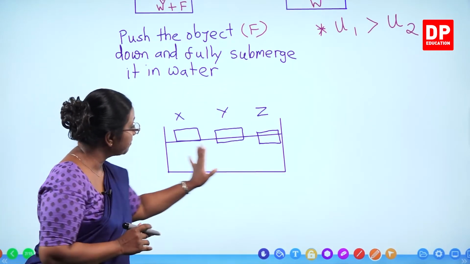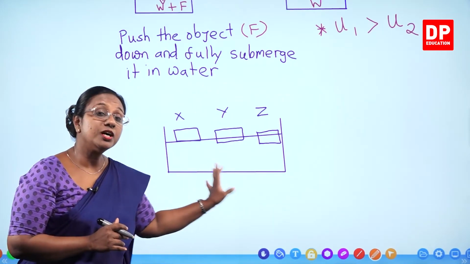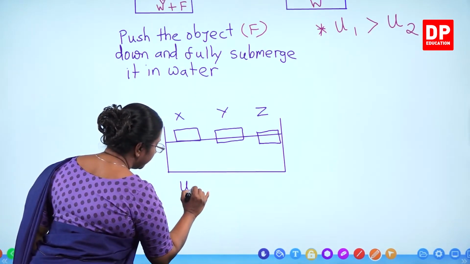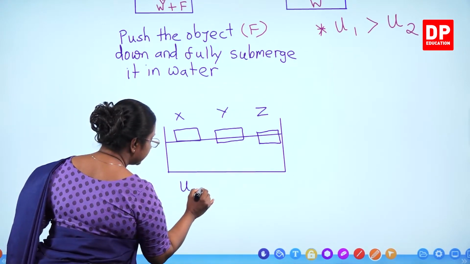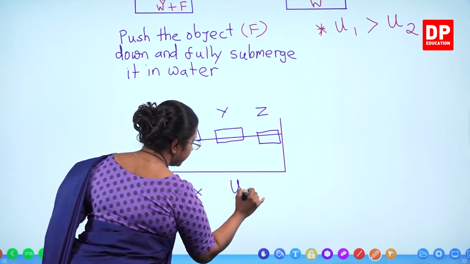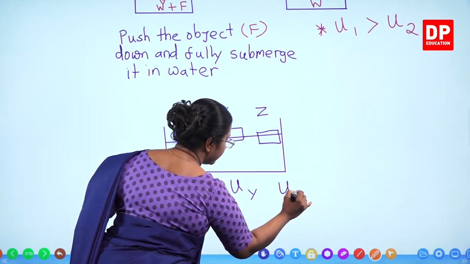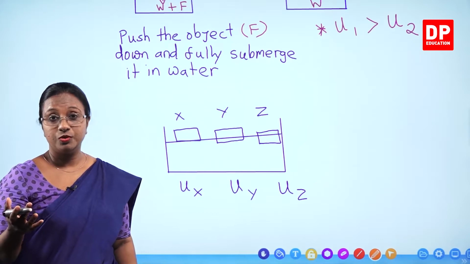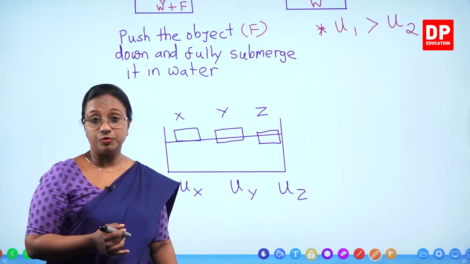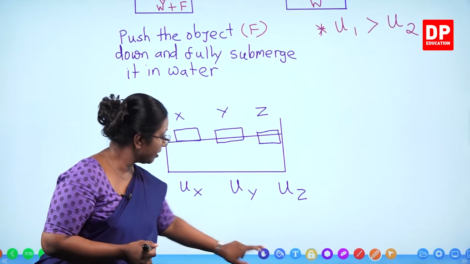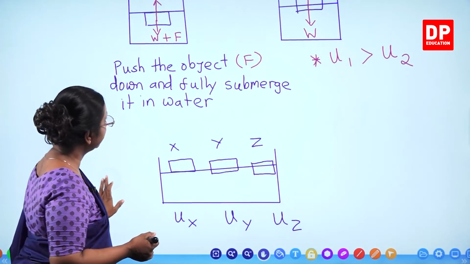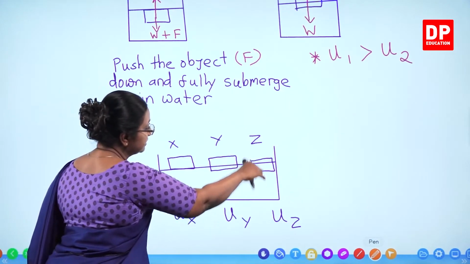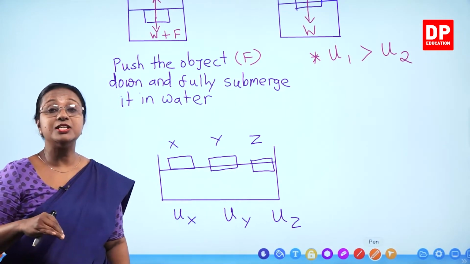Why? All of them are floating. But if you compare the upthrust in instance X, upthrust in instance Y, and upthrust in instance Z, which is going to be more? This is going to be more. From the previous one, you all can understand that. Now look at the previous one and you all can compare. Here it is like you are pushing it down with an additional force.